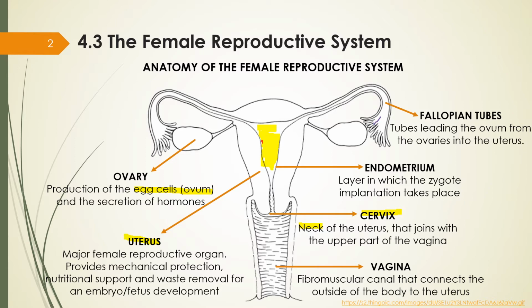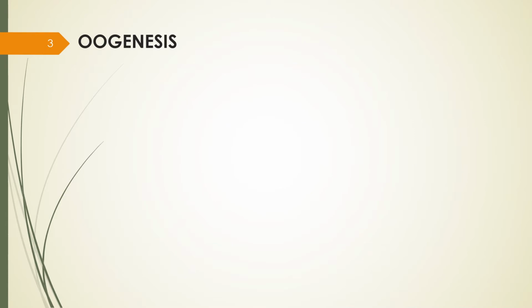So the ovum will travel all the way here until the uterus, where it meets the sperm of the man for fertilization to happen. Okay, it can happen on both sides. So here is the main anatomy: the vagina, the cervix, the uterus, the endometrium, the ovary, and the fallopian tubes that compose the anatomy of the female reproductive system.